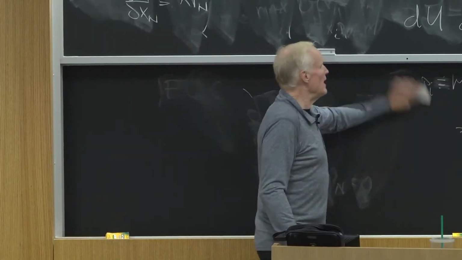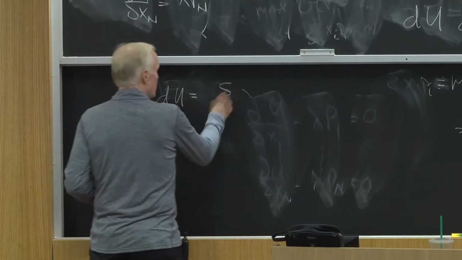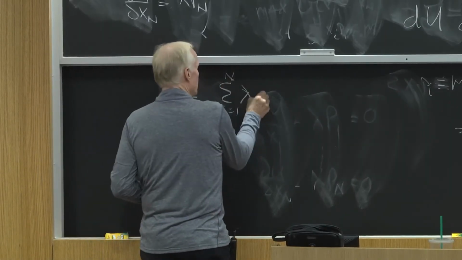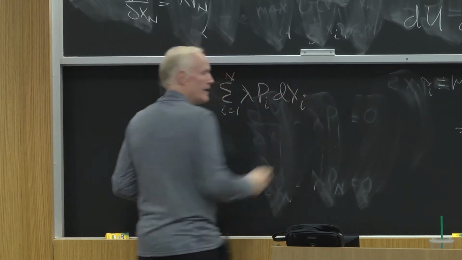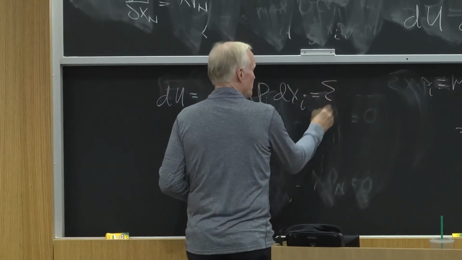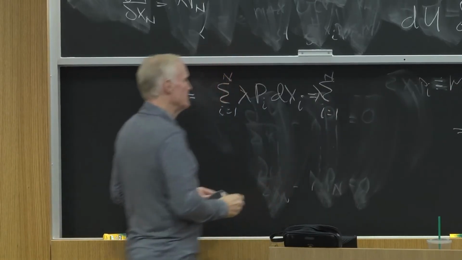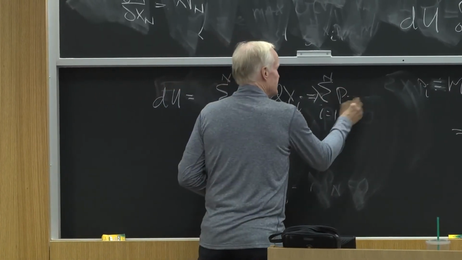That's lambda pi. So du equals the sum from i equals 1 to n of lambda pi dxi, equals the sum from i equals 1 to n with a lambda on the outside, because the lambda doesn't depend on i, of pi dxi.